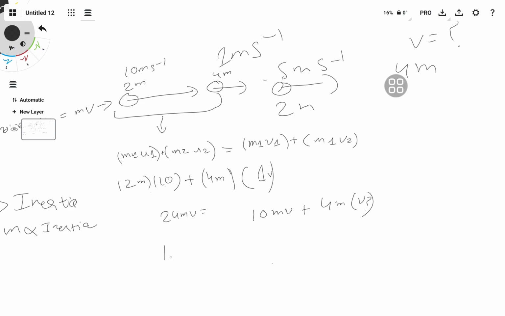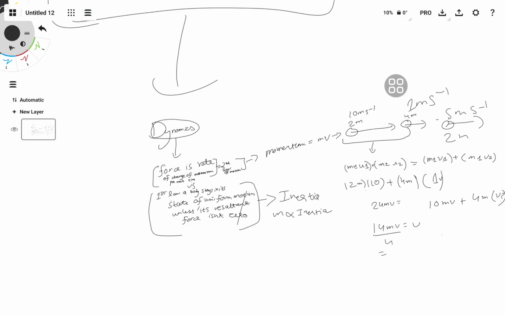So basically we will have 14mv, and we divide by 4, which will give us v. Let's just leave it here. You can just get the gist of that.